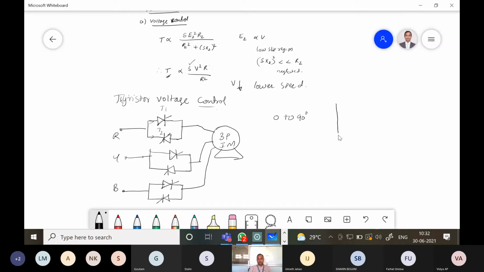So how it is controlling is, so the graph of torque versus speed. Your speed is going to decrease like this. So this is the normal voltage, and this is with reduced voltage.